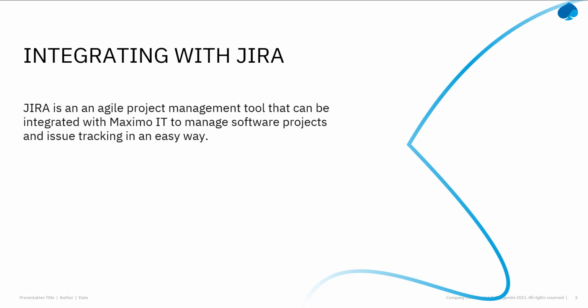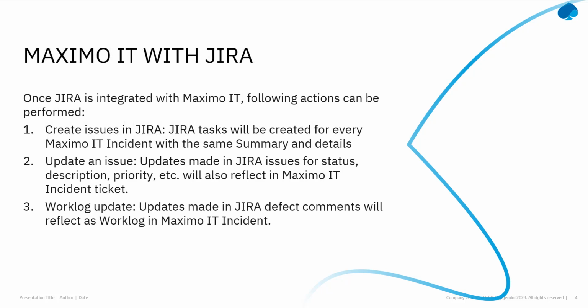So once this integration is achieved, there are the following actions that you can perform. The first and the main one is you can create issues in Jira. For all the Maximo IT incidents that are created in Maximo IT, Jira tasks will be automatically created.